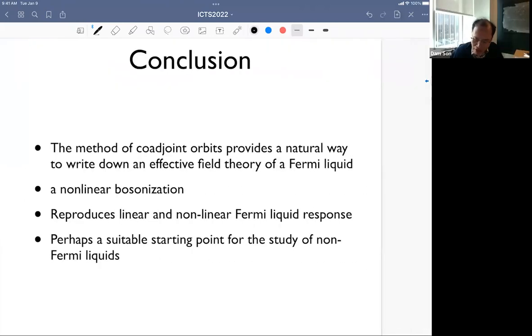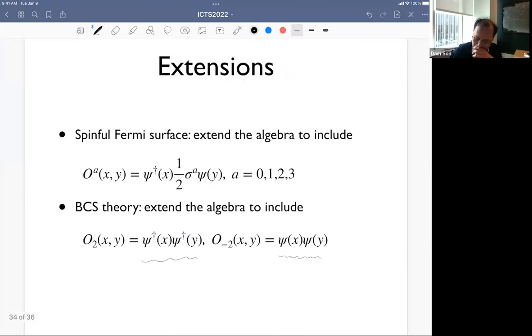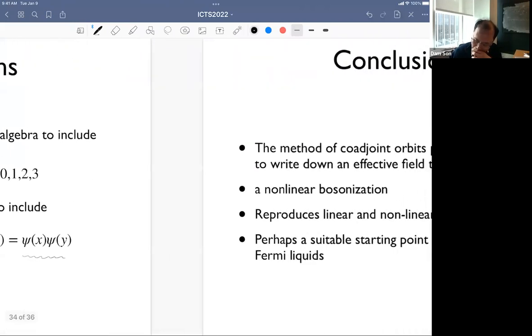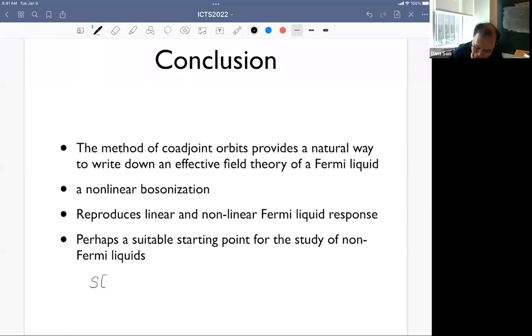So it would help in the following way. I have a way to write down an action. So this is my field, and then for example, one way to make a Fermi liquid is to couple the theory to an external U(1) gauge field, a_mu. So that can be done naturally.